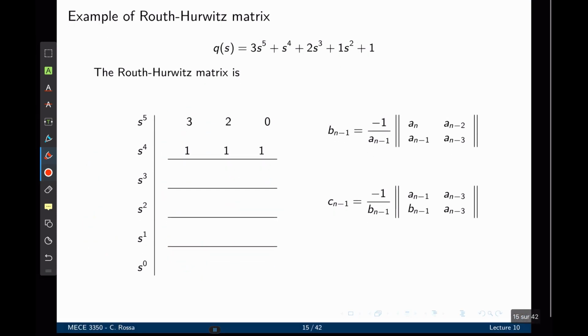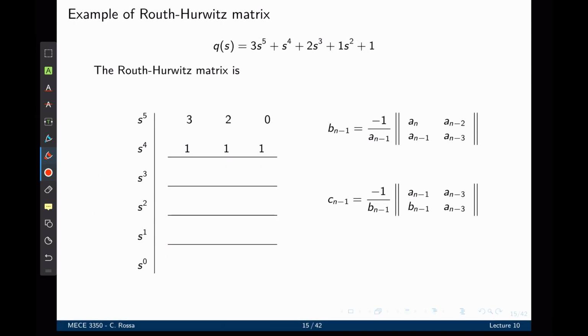Let's do another example. In this example, we again have a 5th order polynomial given here. Let's start by creating the Routh array. We start with s to the power of 5, the highest coefficient, and go all the way to s to the power of 0. Once that is done, we can populate the first 2 rows with the coefficients of that polynomial.